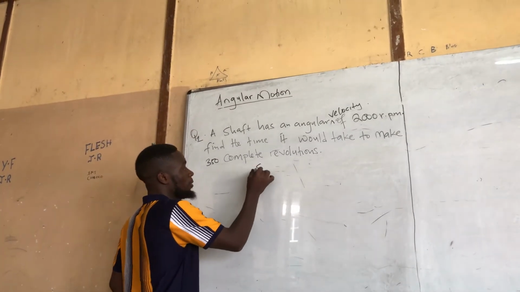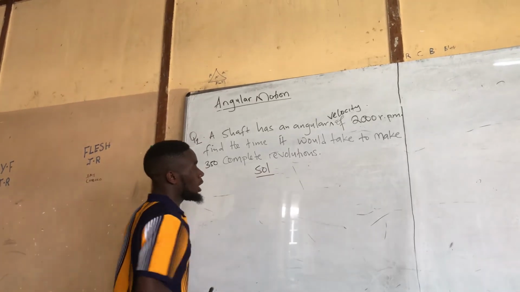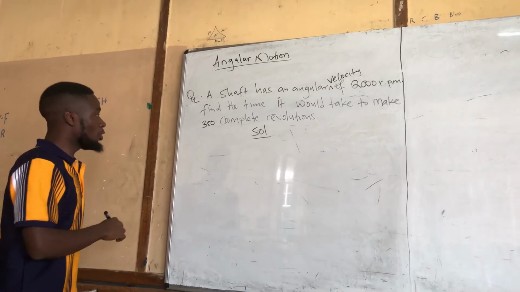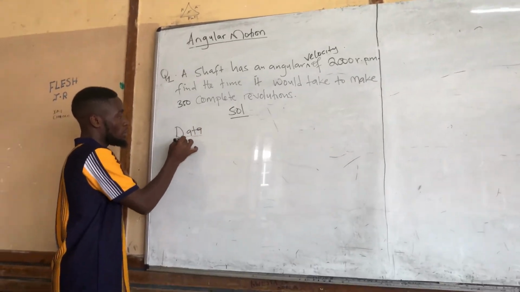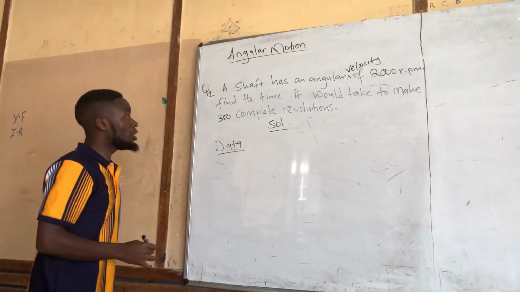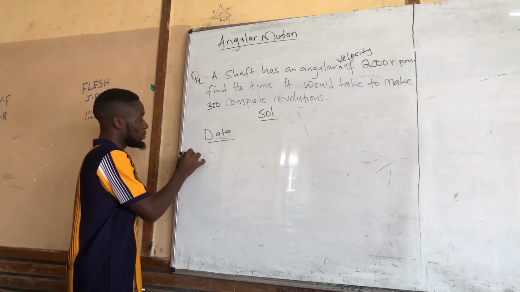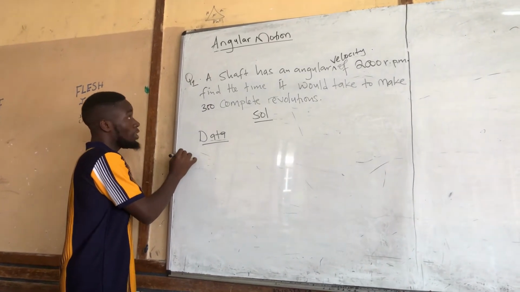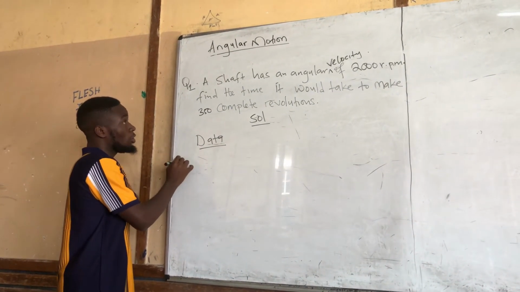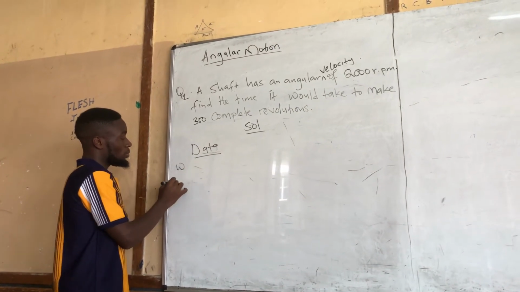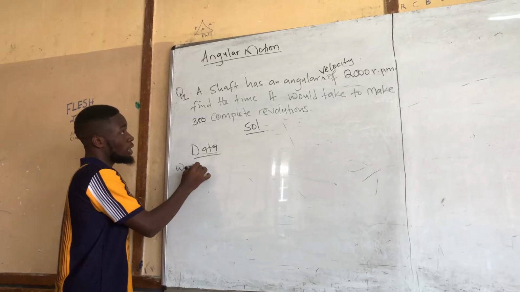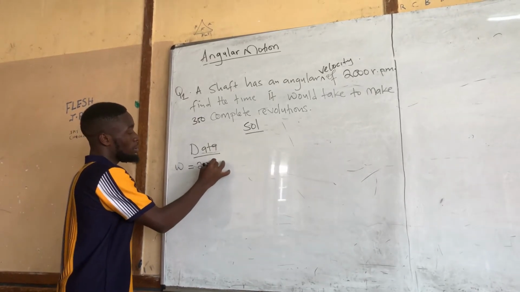So here's the solution. The first thing we need to do is to put down the data. What do we have? We're given the angular velocity, which is 2000 revolutions per minute.